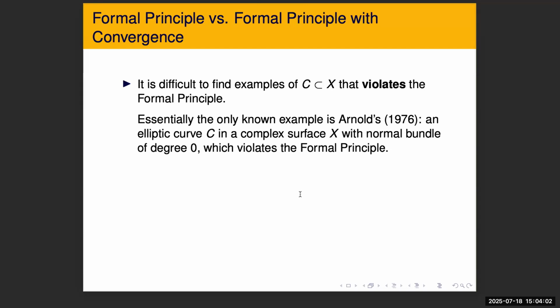There are other examples discovered, but they are essentially of the same nature. So in that sense, there's only one example we know so far. We know that the formal principle is not always true, but discovering a counterexample is very difficult.